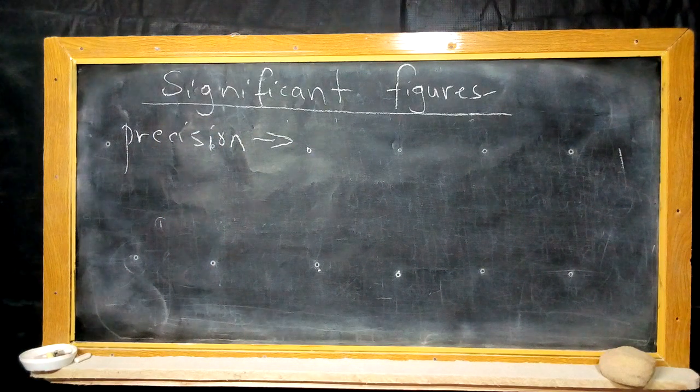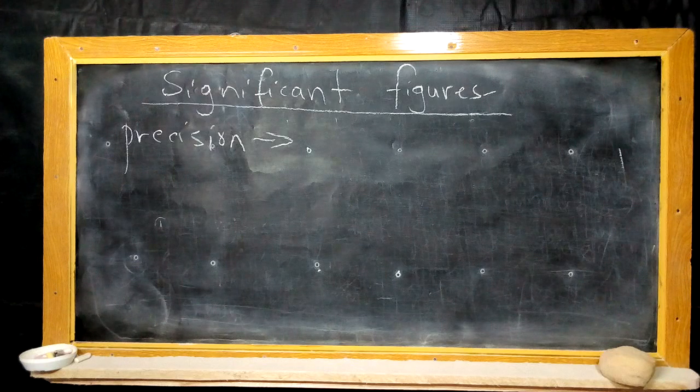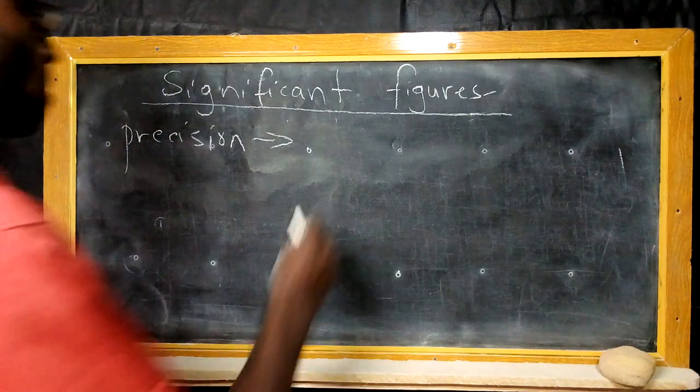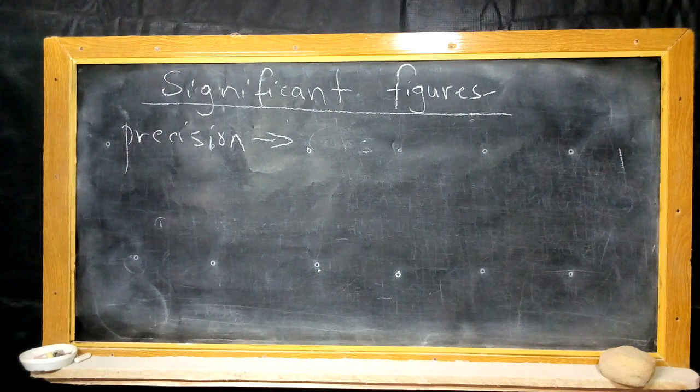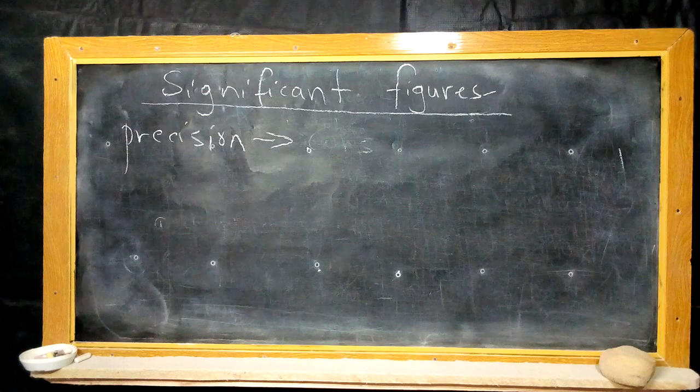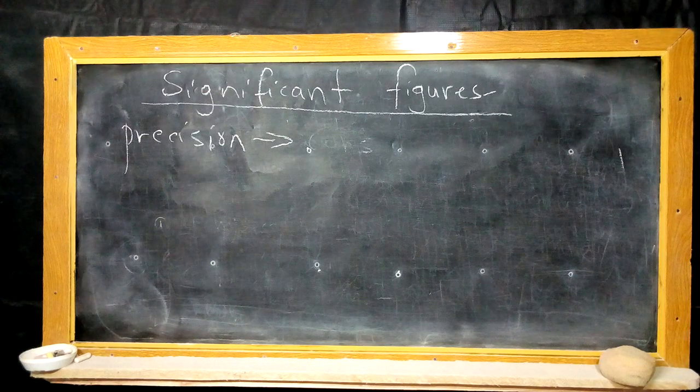Now, precision refers to the degree of consistency and reproducibility of a measurement. As we said, accuracy is the degree of agreement between the experimental value and the true value.